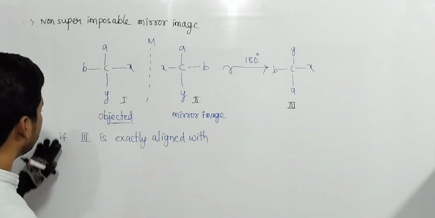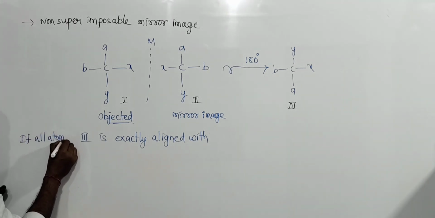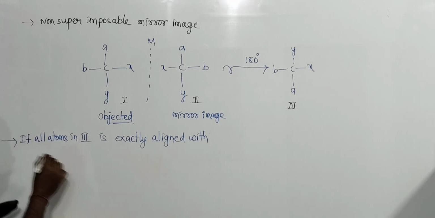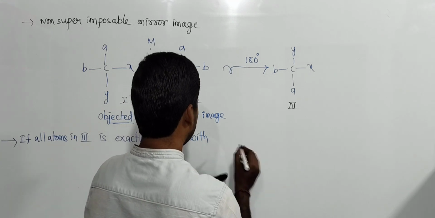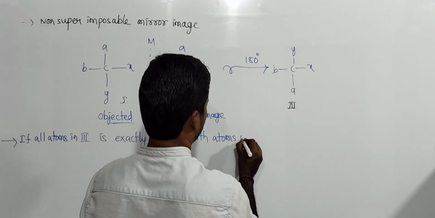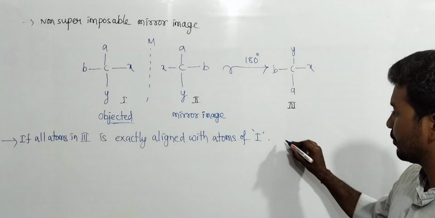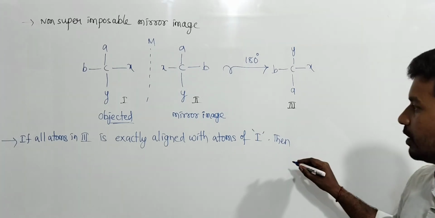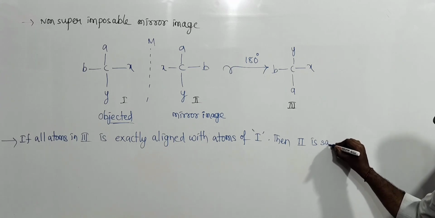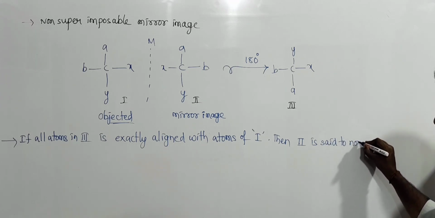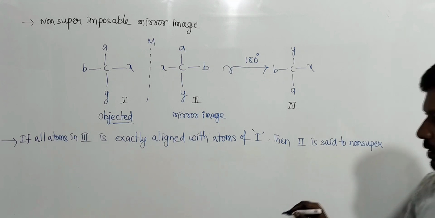If all the atoms in 3 are exactly aligned with the atoms of 1, then 2 is said to be a superimposable mirror image.